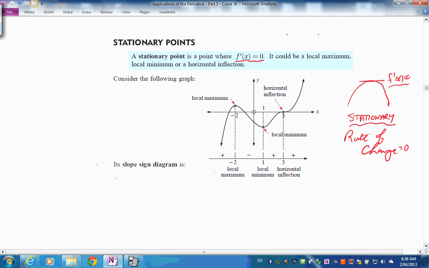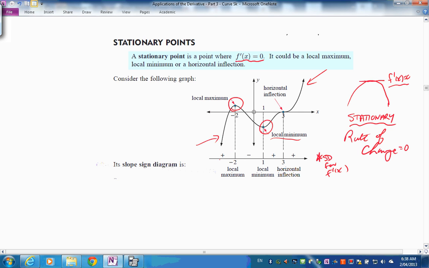So here we have, when it flattens, we're going to call that a local maximum. Why is it local? Well, eventually the function goes past that maximum. And a local minimum, why is it local? Because eventually over on this side, the function goes down past that value. So here you can see we have a slope sign diagram for f dash x, I think, is preferable.